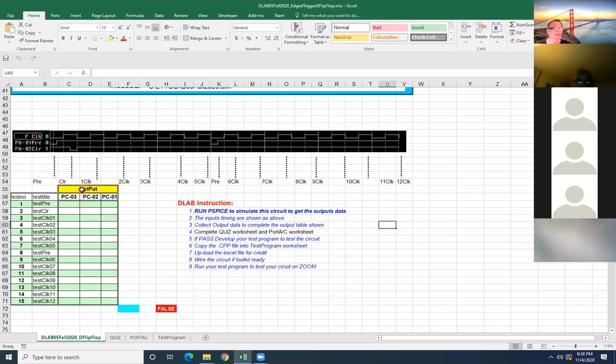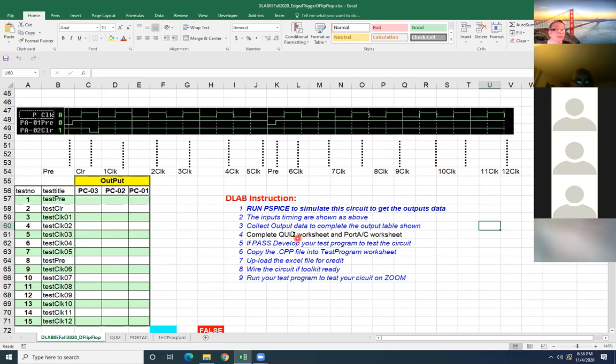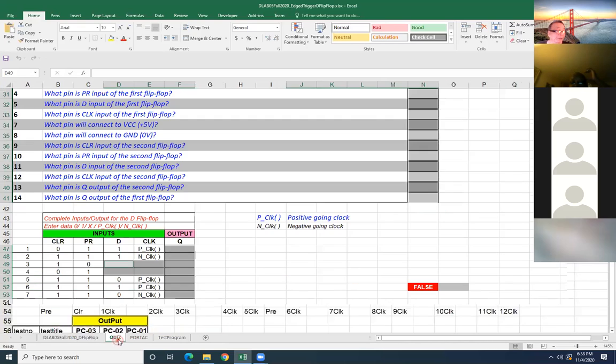Okay, and now what they said in here: run PSPICE. The input timing is given here. Collect output data for the truth table here. Then you have to complete the quiz.